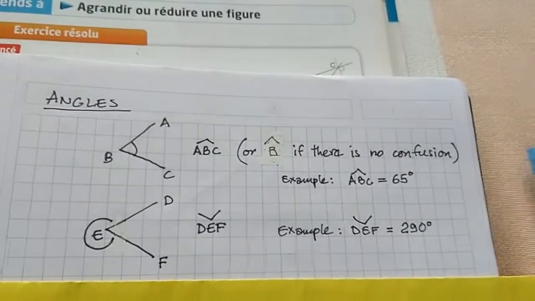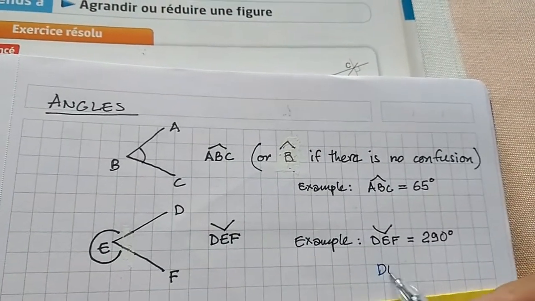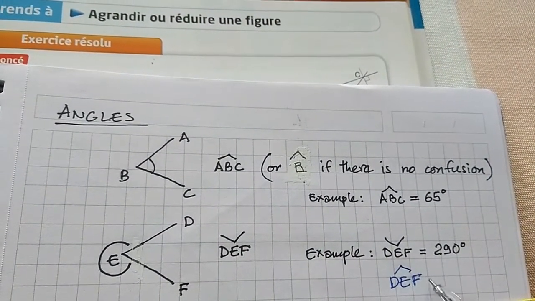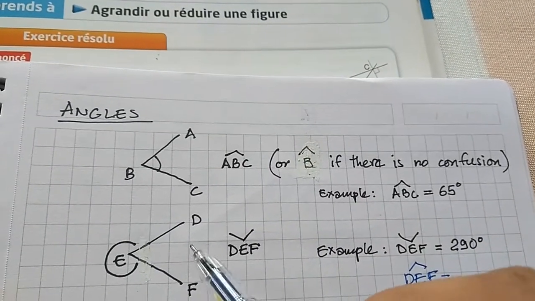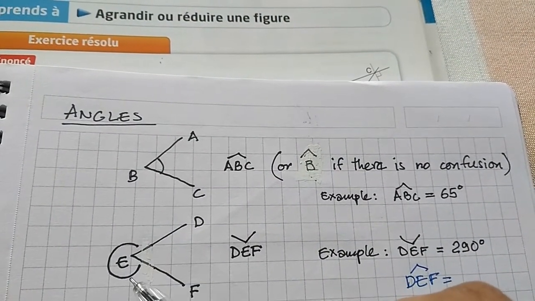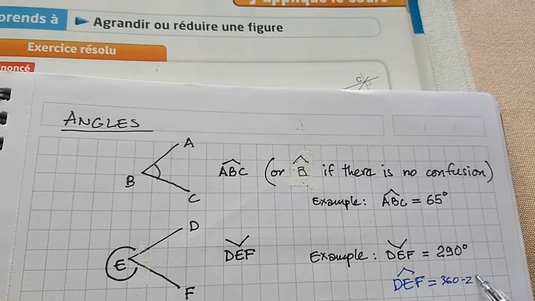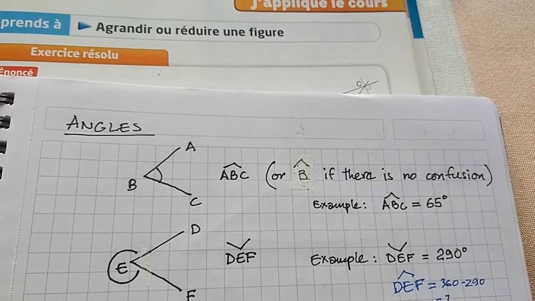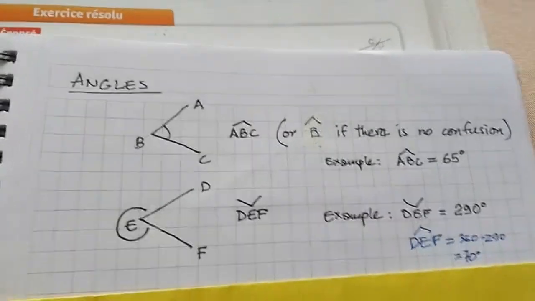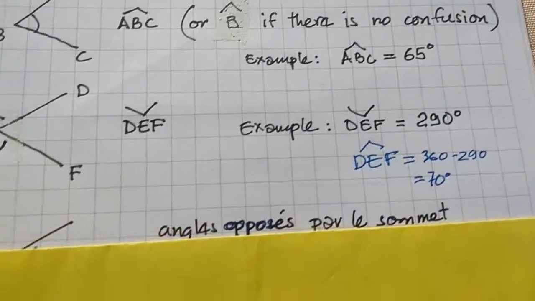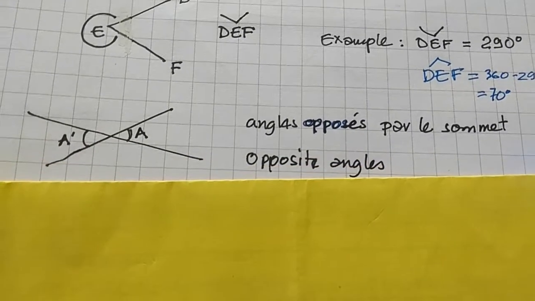So if I wanted to write the other F, what would it be? Well, this angle plus that angle add up to 360, so it will be 360 minus 290, which is equal to 70 degrees.